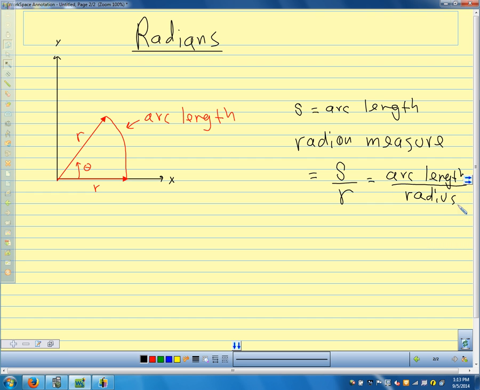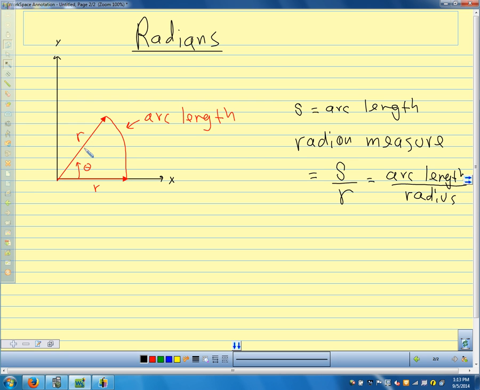As we travel further along this arc, the arc length gets bigger, the radius stays the same, so our angle gets bigger. So we're talking about that ratio. That's what radian measure is: how far we've traveled around that circle, as a ratio with the radius.